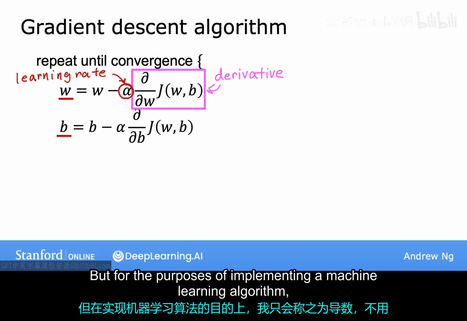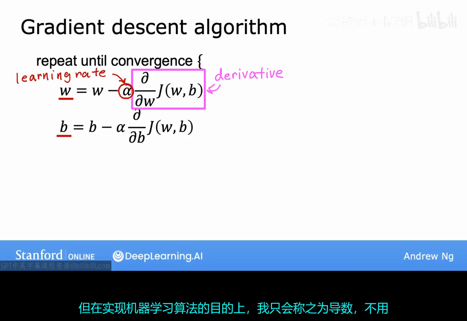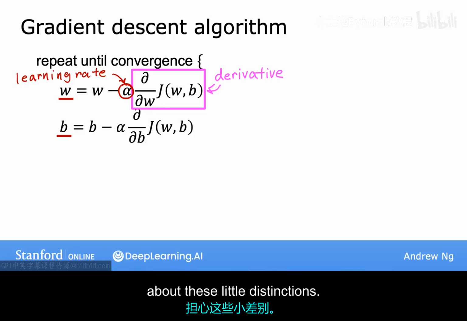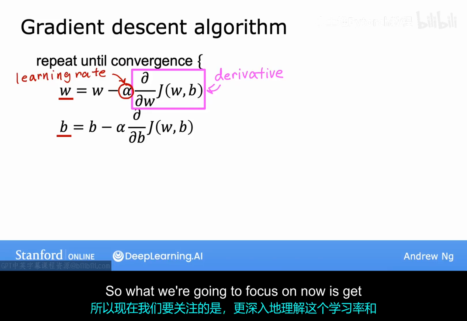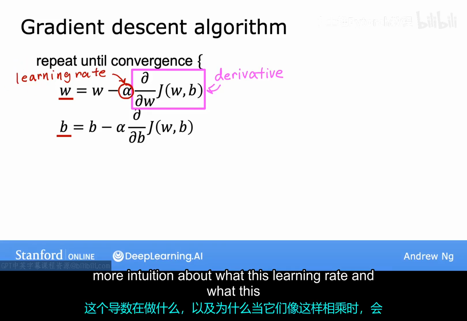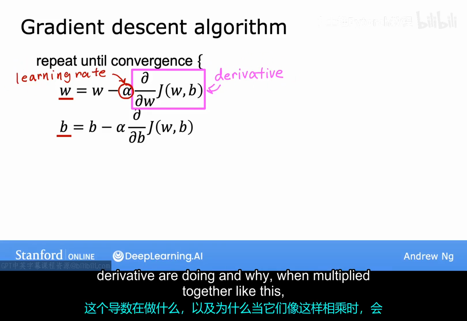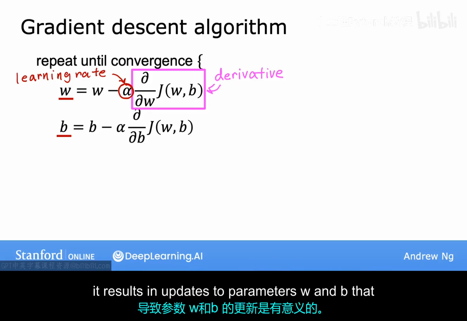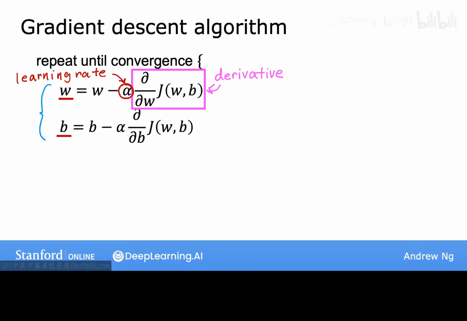But for the purposes of implementing a machine learning algorithm, I'm just going to call it derivative, and don't worry about these little distinctions. So what we're going to focus on now is getting more intuition about what this learning rate and what this derivative are doing and why, when multiplied together like this, it results in updates to parameters w and b that make sense.